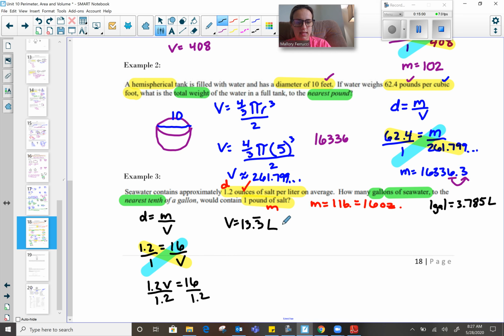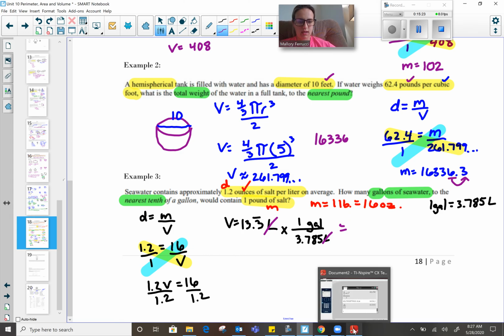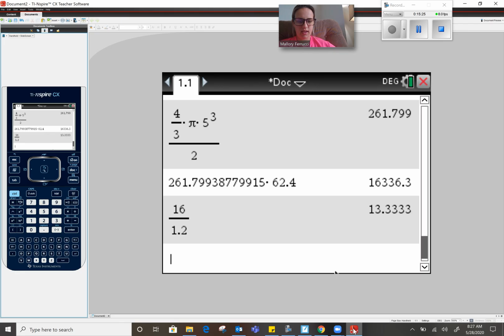So I'm going to take this and multiply it by 1 gallon over 3.785 liters, so that the liters can cancel out. And then I'm just doing this number times 1 divided by 3.785.